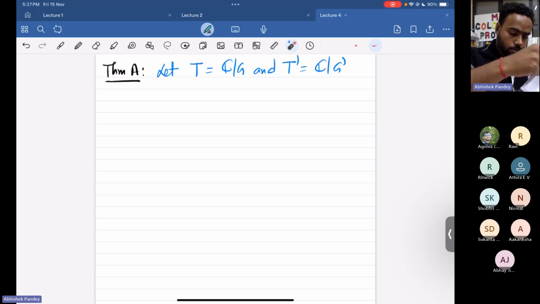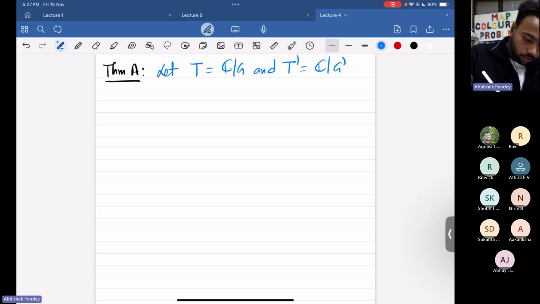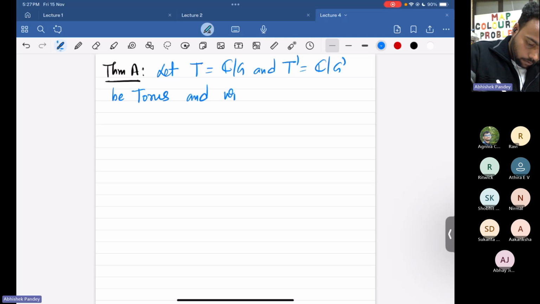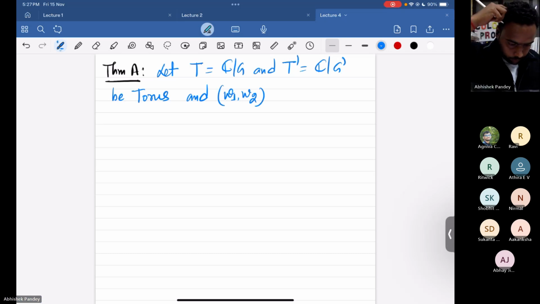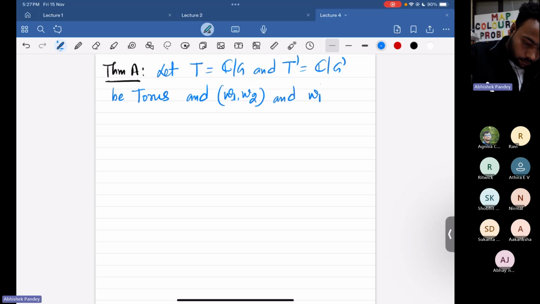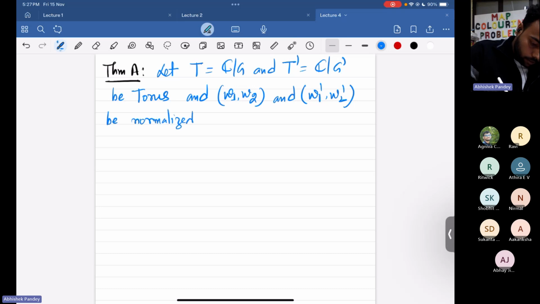So now we have two tori, and W1 comma W2 and W1 prime comma W2 prime be normalized bases of G and G dash.